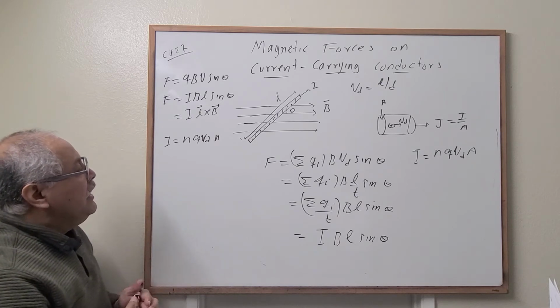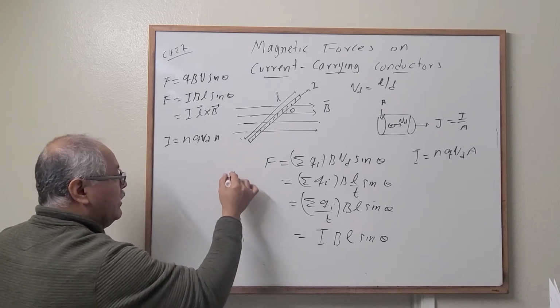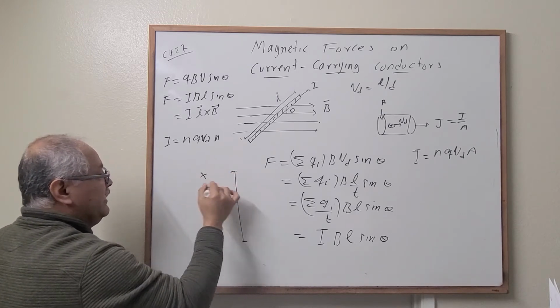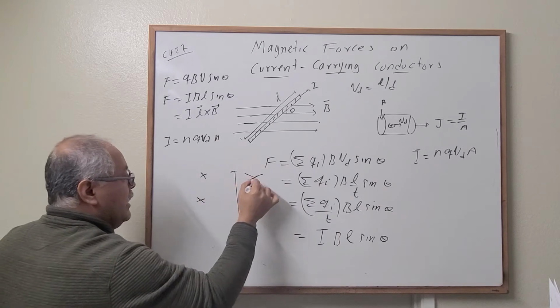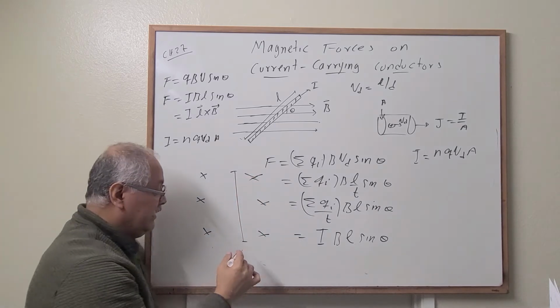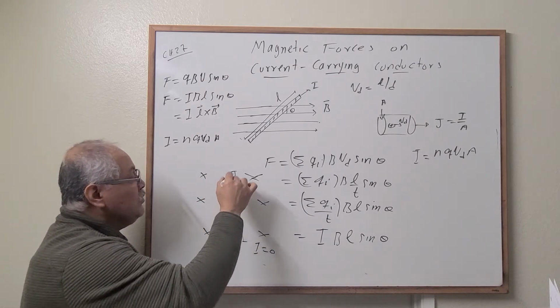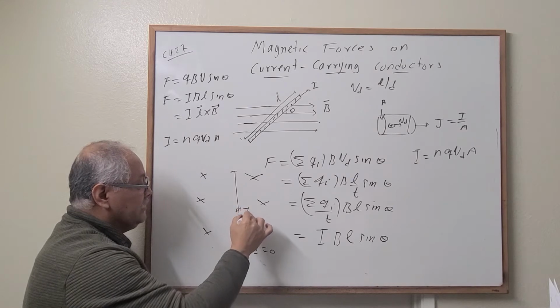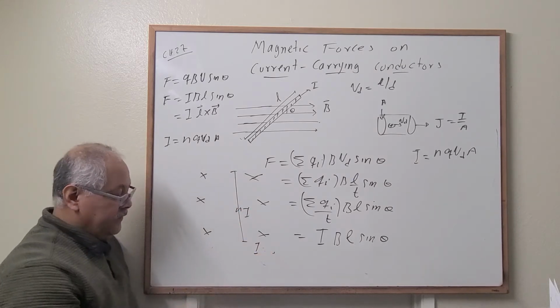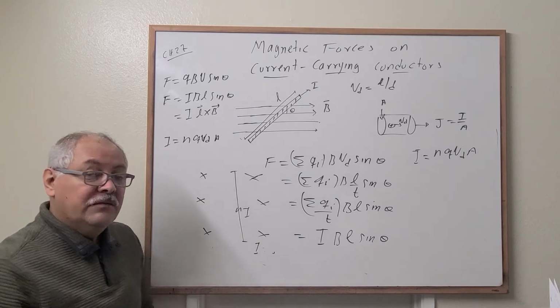Perfect. We know also that if we have a wire, one more time, a wire right here, and we have this being the magnetic field. If the current is zero, nothing happens. But what happens if we apply a current in this direction? What happens in that case? Well, we use the right-hand rule to find the direction of the force.